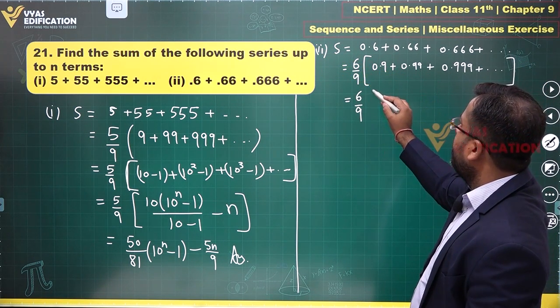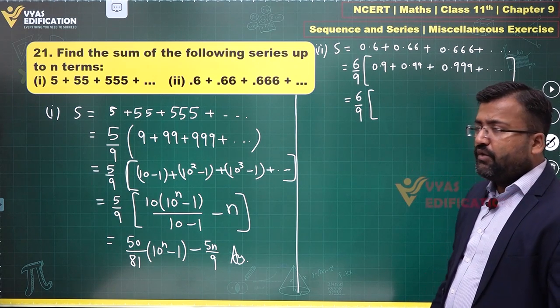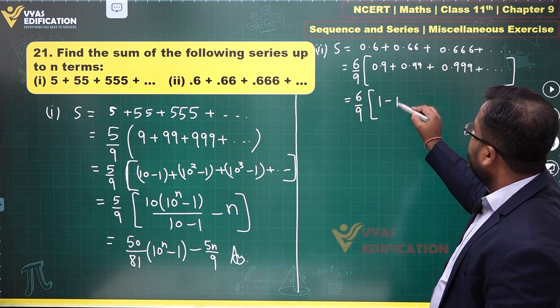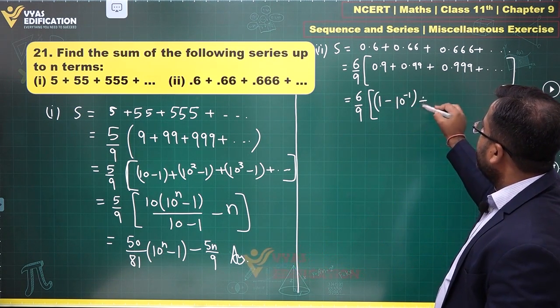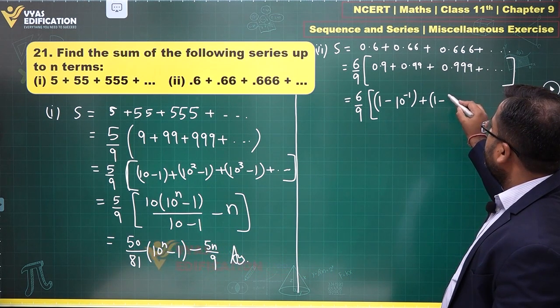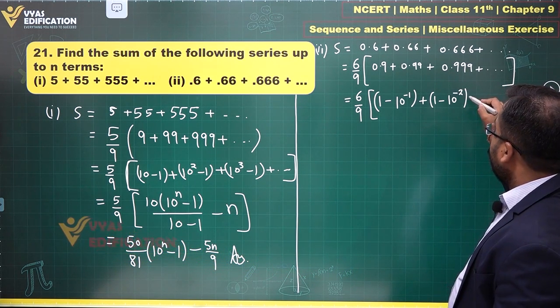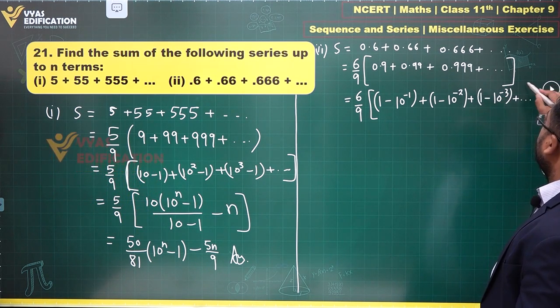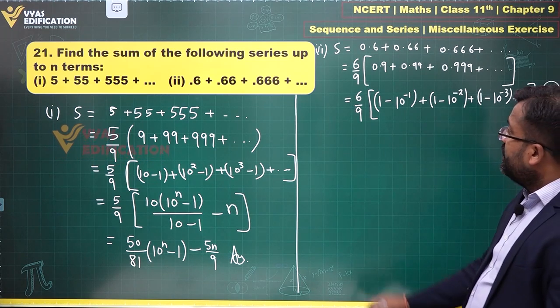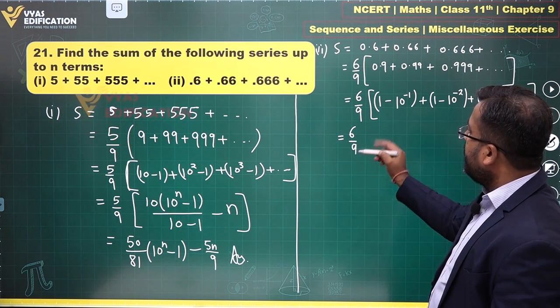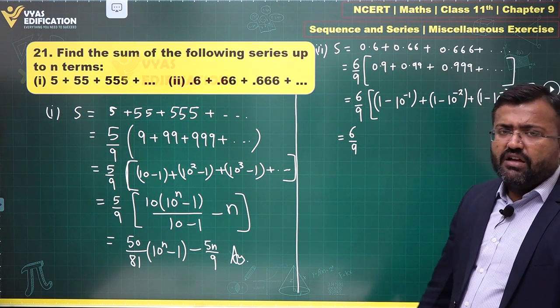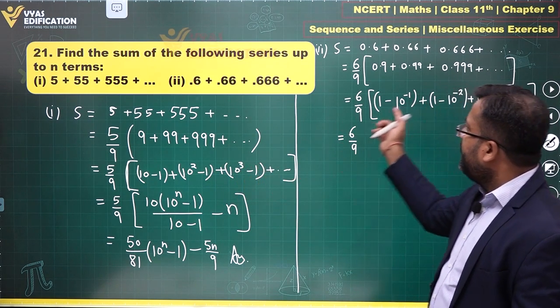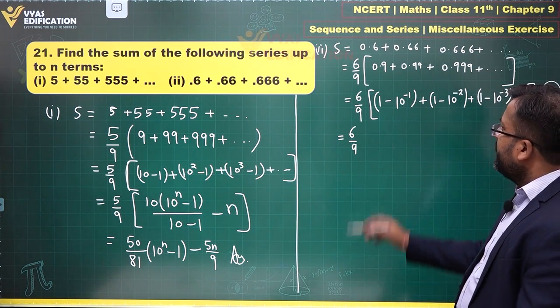6 by 9 is okay. This is 1 minus 0.1. So 1 minus 10 power minus 1, plus 1 minus 0.01, which is 10 power minus 2, plus 1 minus 10 power minus 3 is what you get, plus dot dot dot. Similarly this. So you see 6 by 9 comes out common and we get a similar kind of series, just that there were 10 power 1, 2, 3. Here we have 10 power minus 1, minus 2, minus 3.